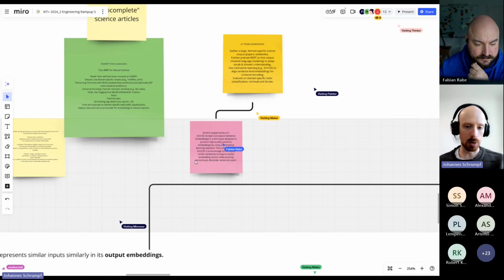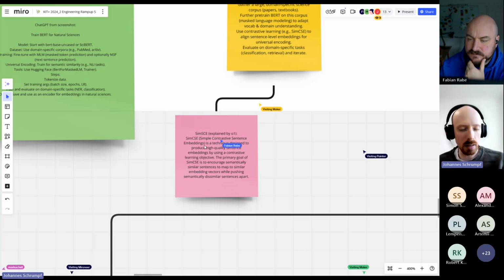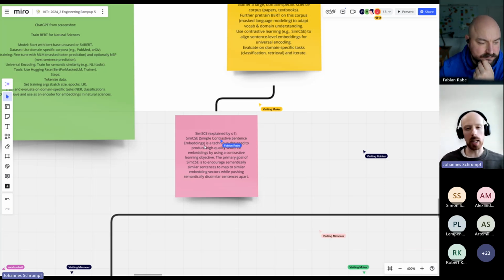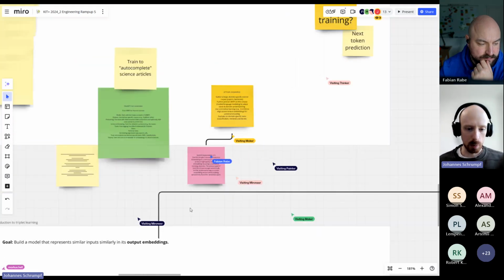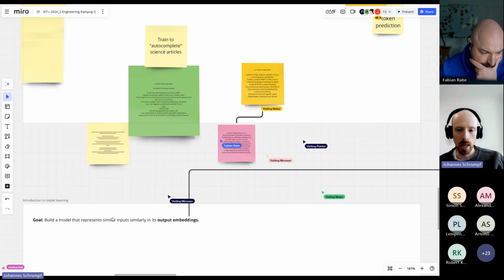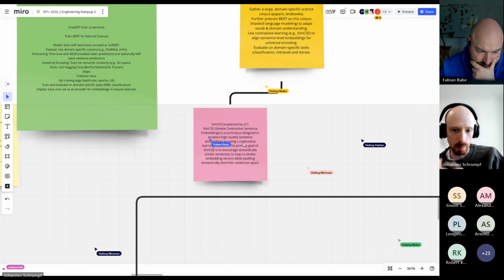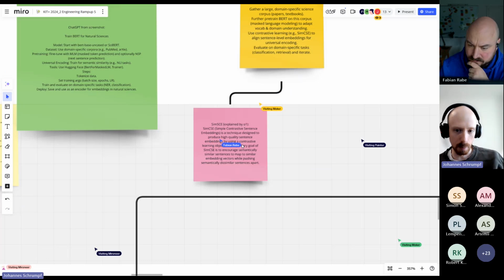We will not be using this simple contrastive sentence embeddings here, also because I feel like this is not an explicit strategy, but more like a general strategy to do it. But we will be using this triplet learning approach here. And basically, this triplet learning approach is a way to achieve this simple contrastive sentence embeddings goal.